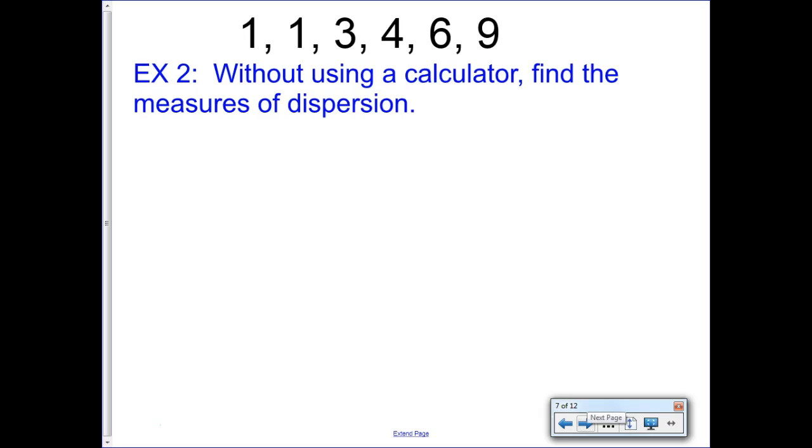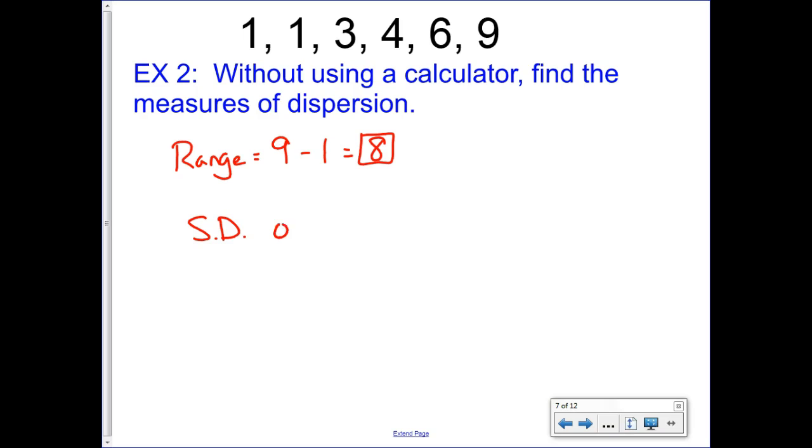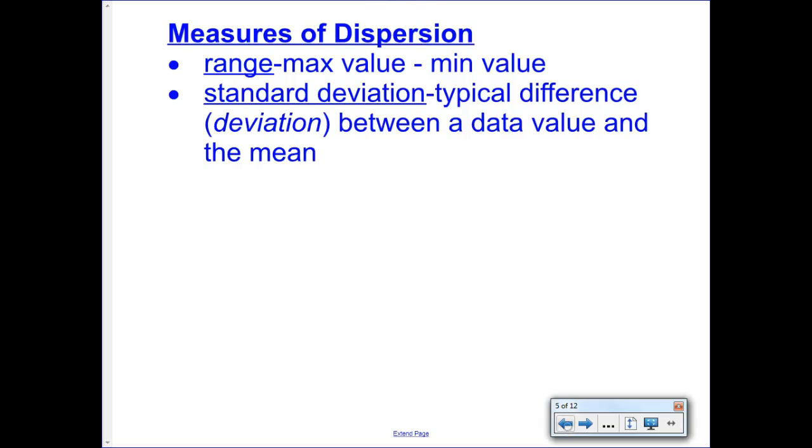Let's try these. To find the range, highest value minus the lowest value. So our range here is 8. Our standard deviation, so sigma is equal to big square root. Now I'm going to subtract 1 minus, and we found our mean before. I'll go back a couple slides if you don't remember.